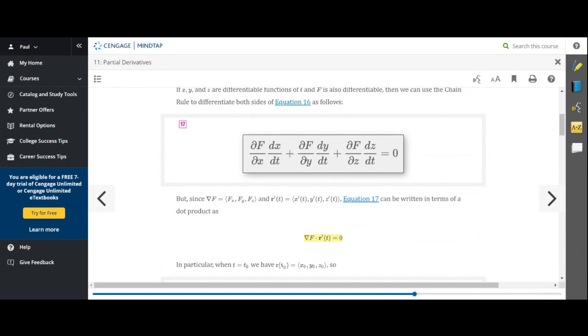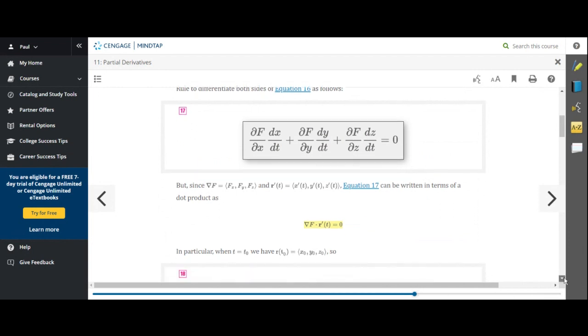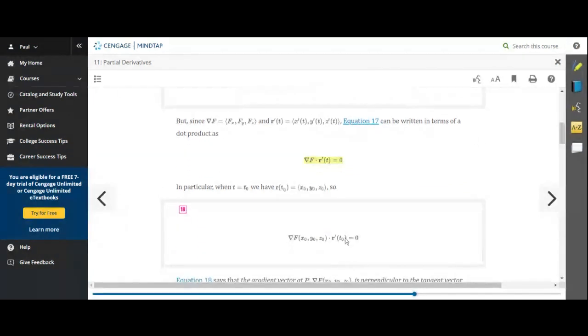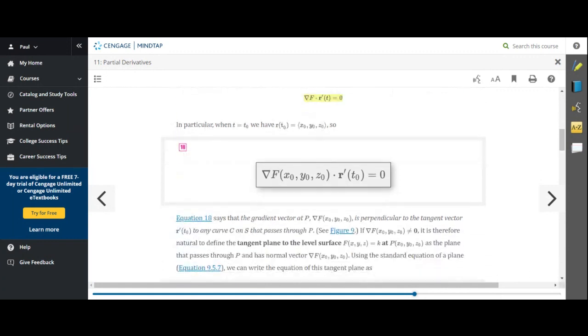And so from there, we can say, all right, the dot product of the gradient of a function at a point on the surface with the derivative of the vector r at the time t sub 0 such that you're at that point on the surface, that's going to equal 0.